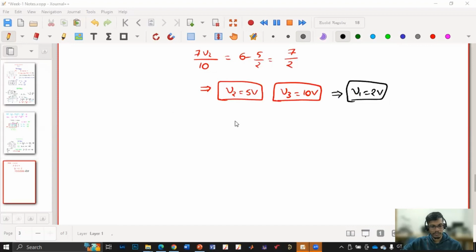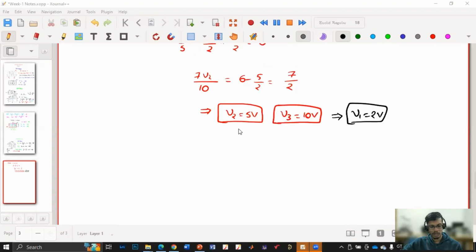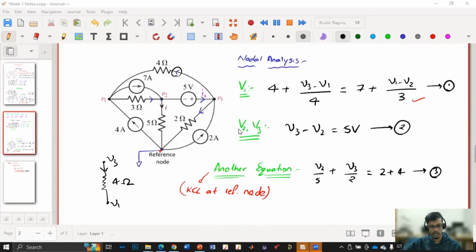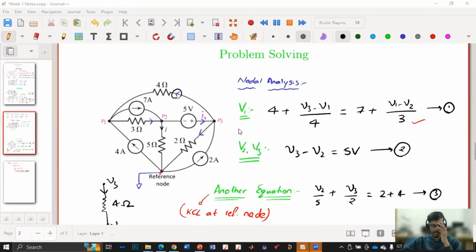Yeah. Sir, how can we know whether to use nodal analysis or mesh analysis? That is also another interesting aspect. So here in this case, if you see, let me choose a different color. If I want to apply mesh analysis, I'll check how many meshes are there.